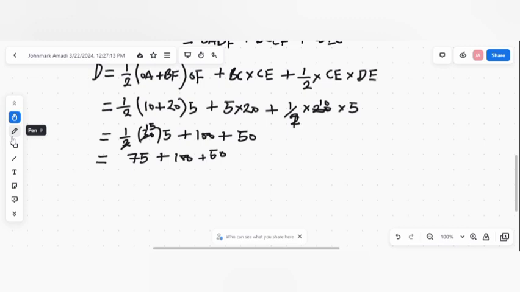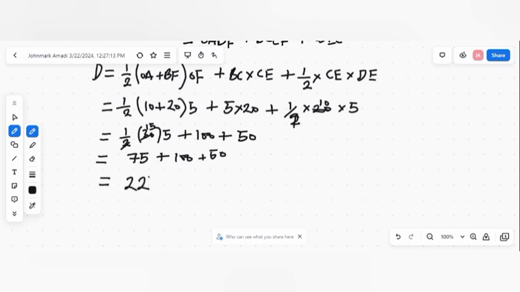So if you finish that up, 50 plus 100 is 150, plus this, that will be 225. 225 meters. So the total distance covered by that body is 225 meters.